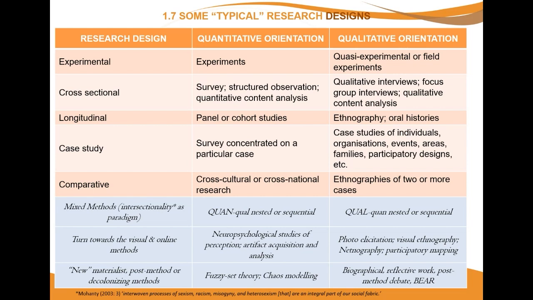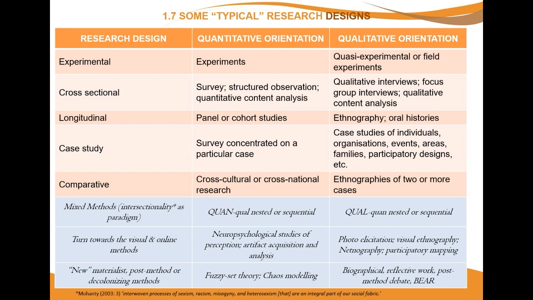There's also the mixed methods one, where intersectionality is used as a paradigm, where you've got quantitative or qualitative, nested or sequential designs. There's a turn towards the visual and online methods.